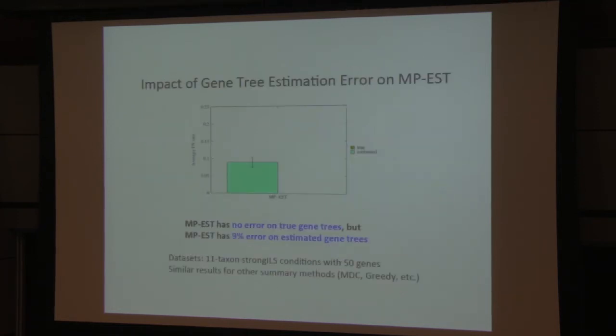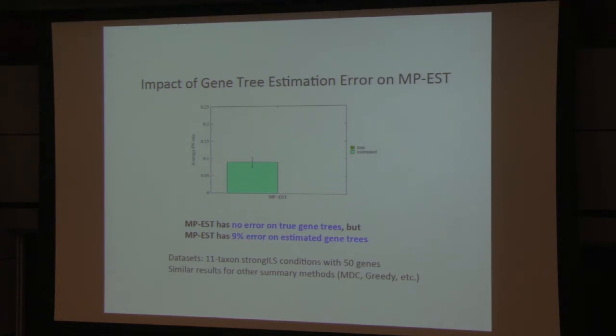If we look at one of these statistically consistent methods, in this case MP-EST, and we give it estimated gene trees, we get about 8% error. Then if we give it true gene trees, we get 0 error. Estimation error in the gene trees is why it's doing badly.